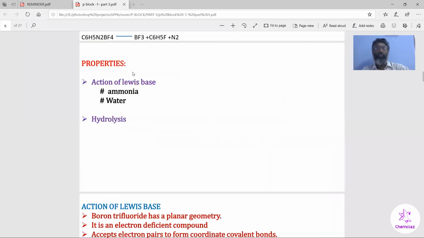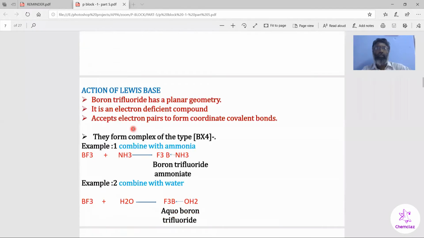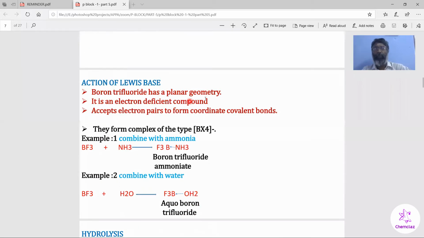The next one is properties of boron trifluoride: action of Lewis base and hydrolysis. Boron trifluoride has a planar geometry. It is an electron deficient compound which can accept an electron pair from a Lewis base and form a coordinate covalent bond.